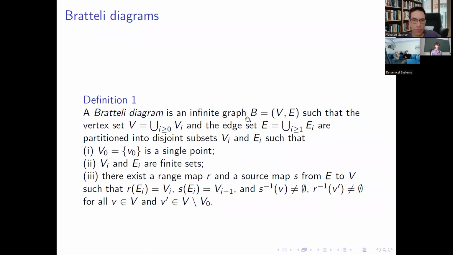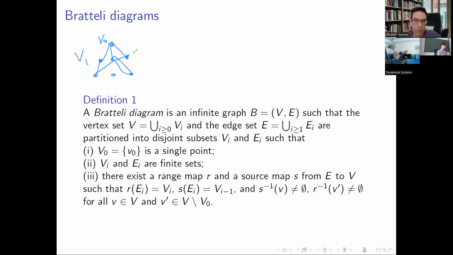What it says basically is that we have a graph which consists of levels, both vertices and edges. So we have level 0 consisting of one vertex v0, and then we have some edges connecting to level 1, etc. There can be multiple edges.